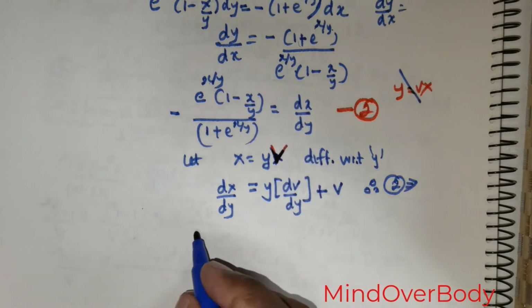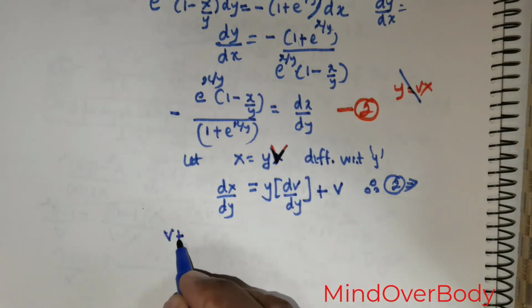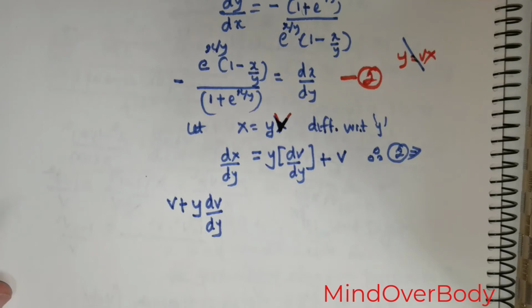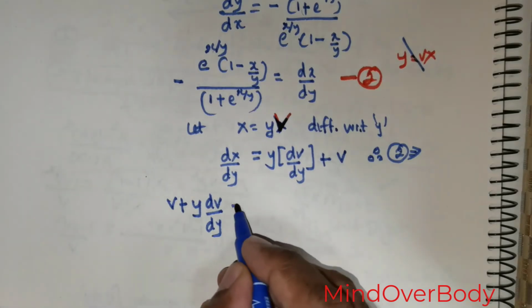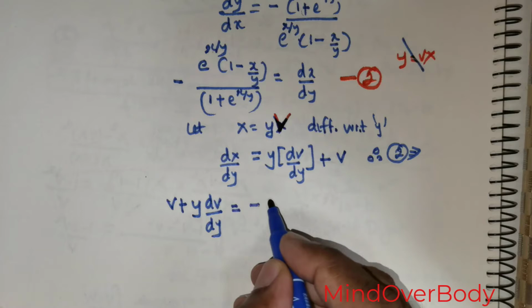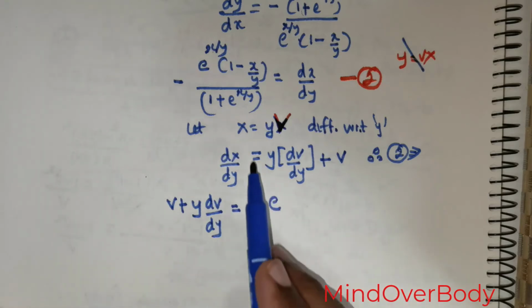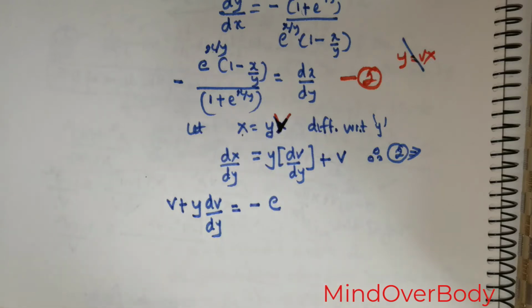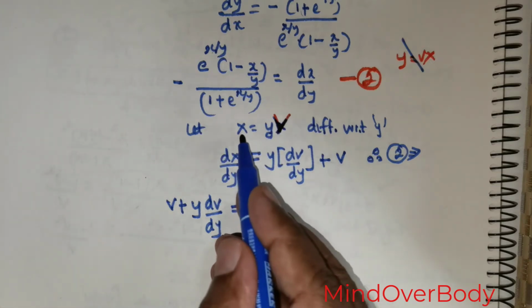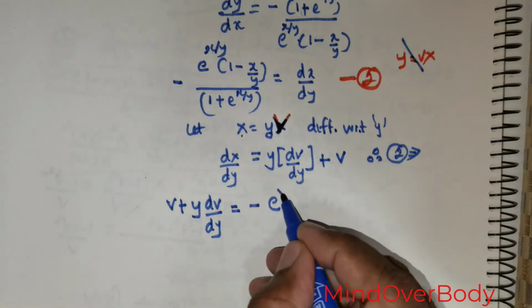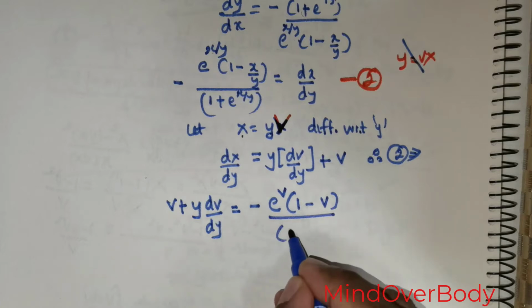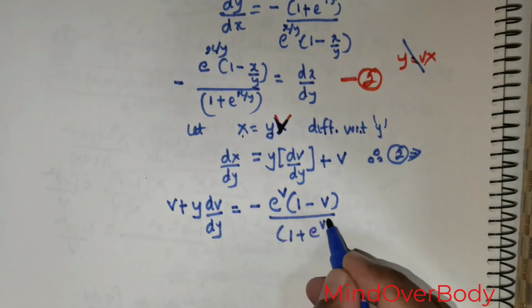In place of dx over dy, I would be substituting v positive y times dv over dy is equal to negative e raised to the power of v times 1 negative v, over 1 positive e raised to the power of v.